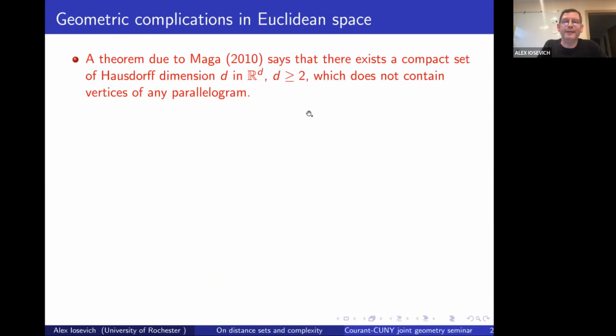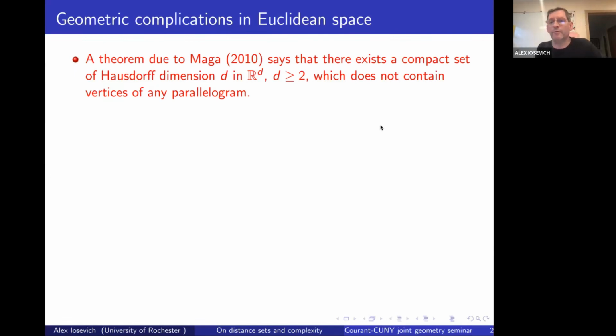A quick point. Suppose that one wants to do this in Euclidean space, then one quickly runs into trouble. There's a theorem due to Máthé, either Maga or Máthé, I'm not good at Hungarian names either. It says that there exists a compact set of Hausdorff dimension d in R^d, d bigger than or equal to 2, which does not contain vertices of any parallelogram.